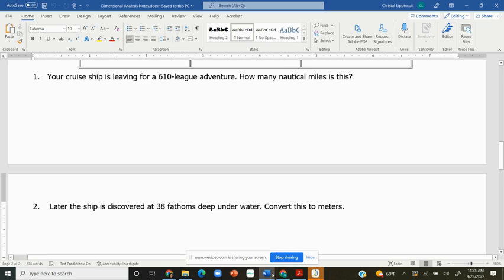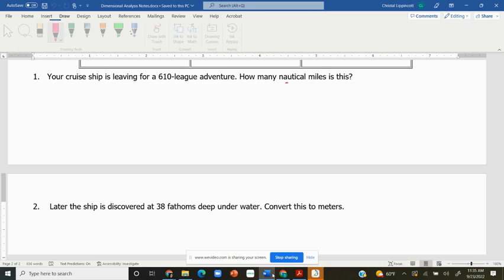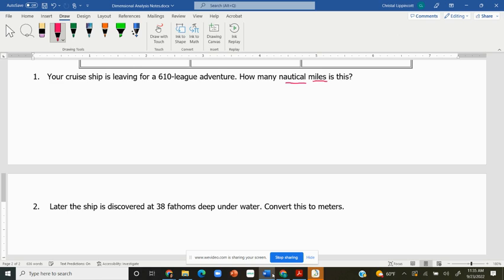So here, for example, our first setup is we are on a 610 league adventure, and they want to know how far that is in something called nautical miles. You always start with what you're given.